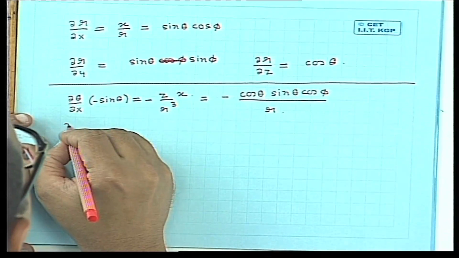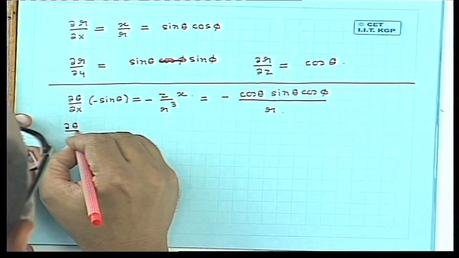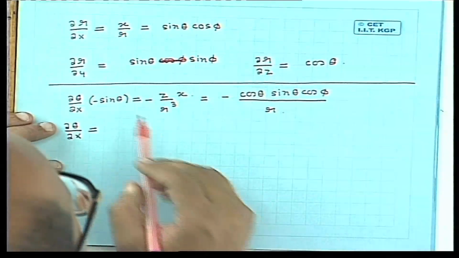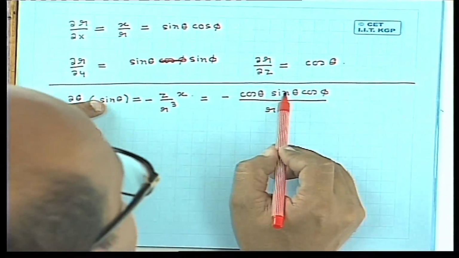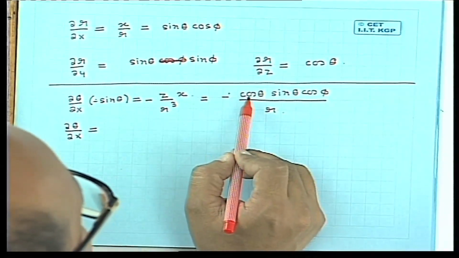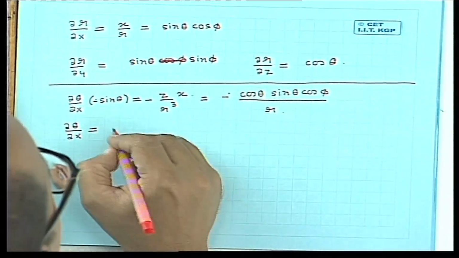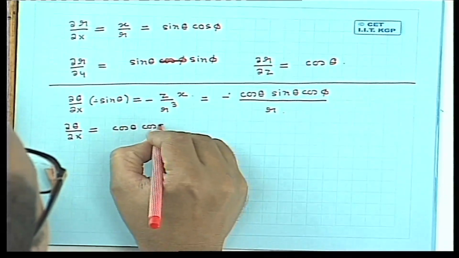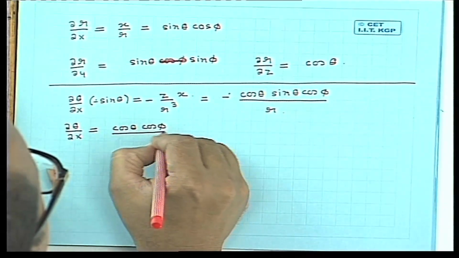So, del theta del x is equal to, the sin theta over here and the sin theta over here cancel out, the minus sign cancels out with this. What we have left is cos theta cos phi by r.